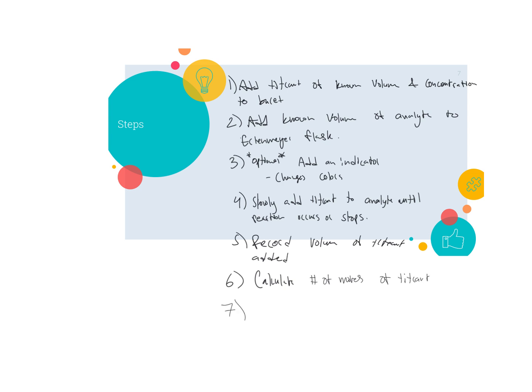And then finally, using the balanced chemical equation, we can calculate moles of analyte. So if you always follow these steps here, we should be able to calculate the number of moles of analyte using a titration. We'll have a little bit of practice doing this in some practice problems in class, but for now, that's all. Thanks, guys.